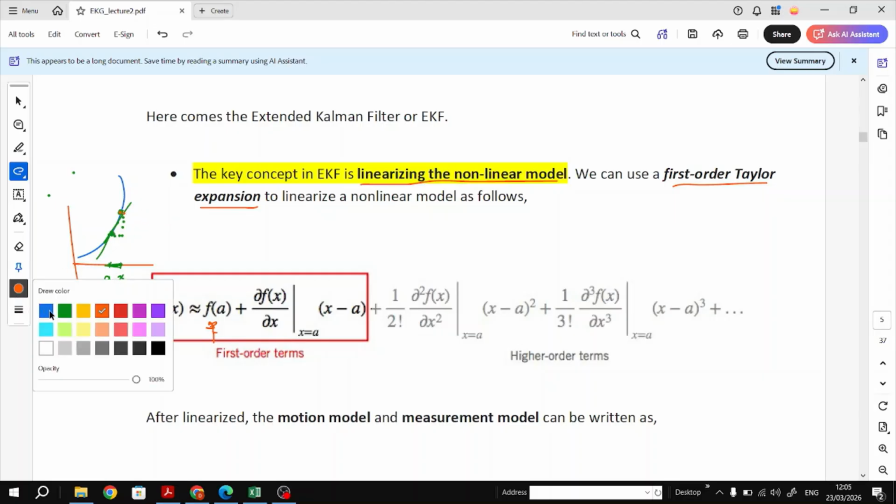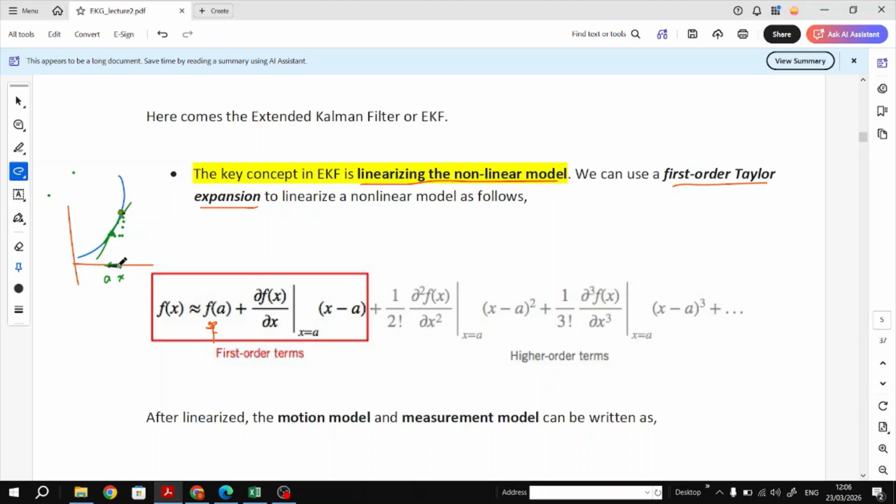This is still very little error. As you reduce this step, this error also reduces. So this way you can say it is the stepwise linearization of your nonlinear function.